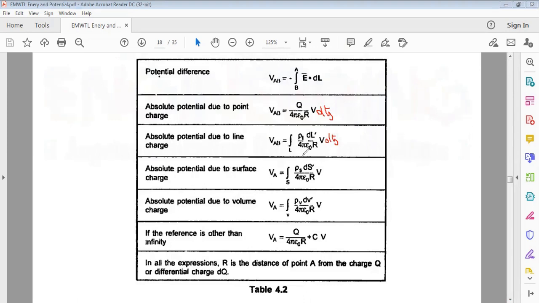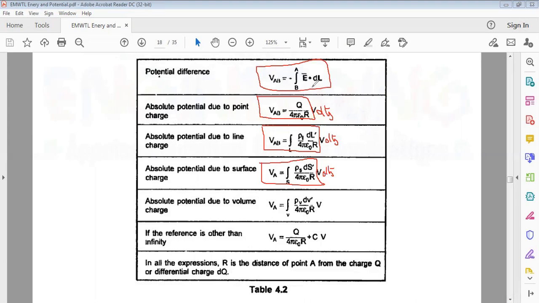The absolute potential due to the surface charge is the surface integral of rho S dS by 4 pi epsilon naught R, also in volts. How did we get this expression? The E bar due to a point charge is Q by 4 pi epsilon naught R square.